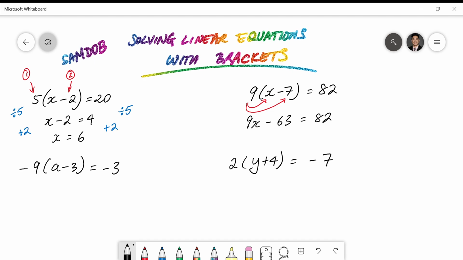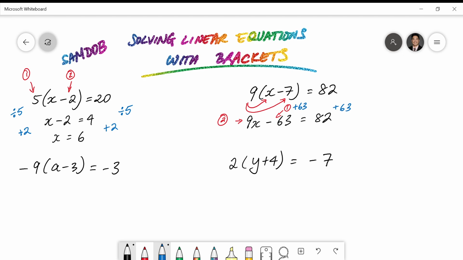All right, so we've expanded the brackets. What we could do is now get rid of the minus 63, and then we'll get rid of the 9 afterwards. So this is going to be our first step, and this is going to be our second step. First step, because it's a minus 63, we're going to add 63 to both sides.